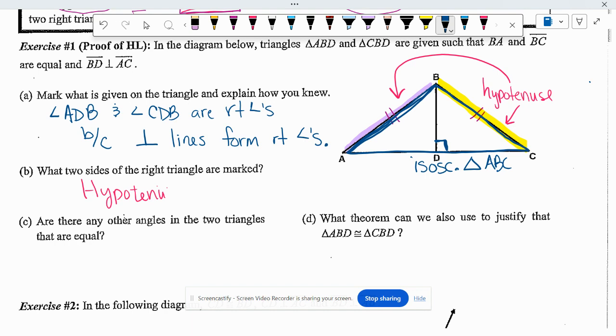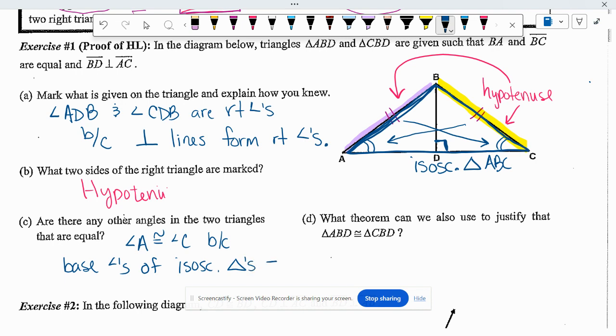And we know that if the two sides are congruent, the angles opposite the two sides are also congruent. They're called the base angles. So are there any other angles that are congruent? Yeah. Angle A is congruent to angle C because base angles of isosceles triangles are congruent.